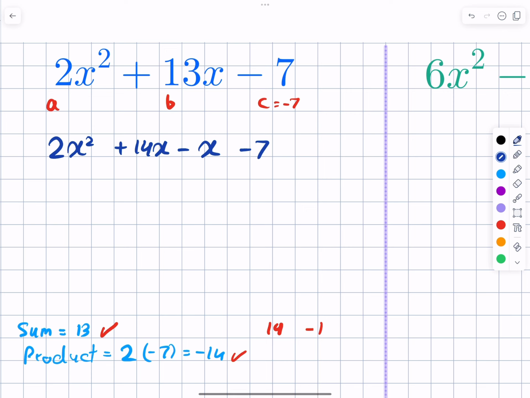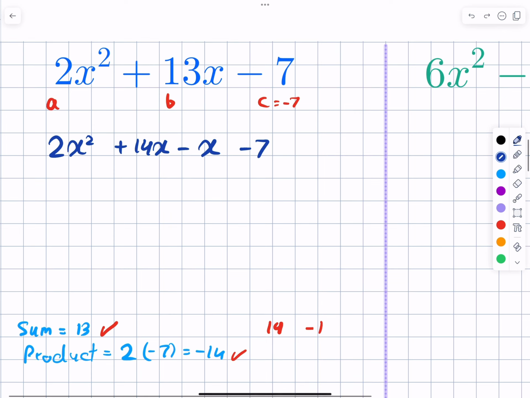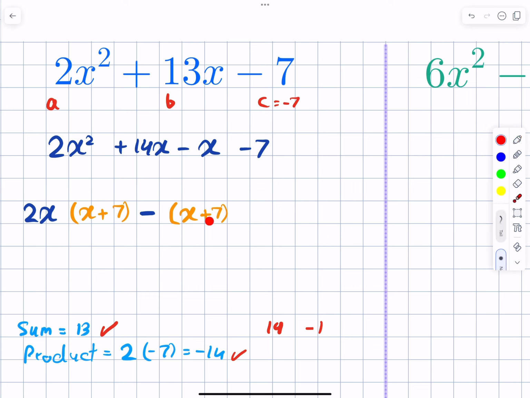Now again, from this pair here, I can factorize 2x. Then I will have x plus 7. Now, from both of these also, I can factorize negative 1. So I can write it minus, then it will become x plus 7, because minus x and minus 7 will be like this.